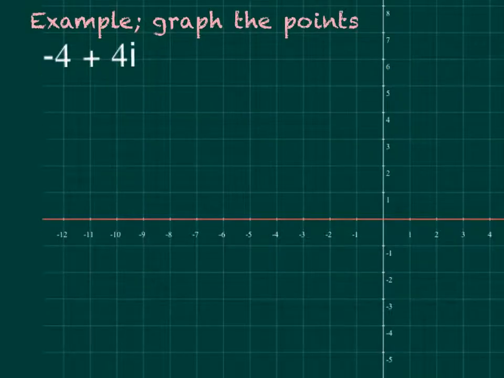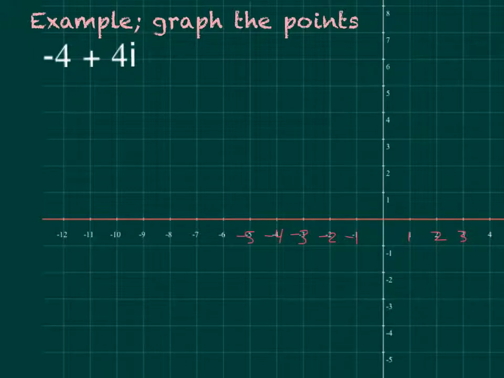For this first one, we have the complex number -4 plus 4i. So the first thing we want to do is actually label our axis. So we're going to label the real part, it's going to just go by 1s: 1, 2, 3, -1, -2, -3, -4, -5, and so on. And then our imaginary part is going to go up and down.